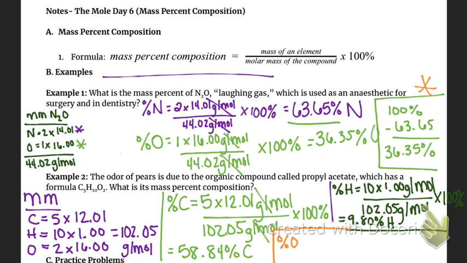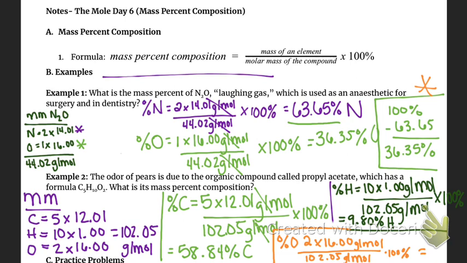You can take 100% minus the 58.84 and minus the 9.80. That's one way. If you want to set it up as an example like we've done, you would take 2 times 16 over that 102, and times 100%.